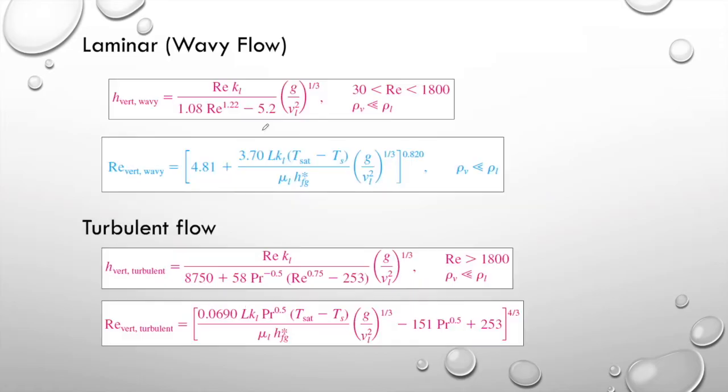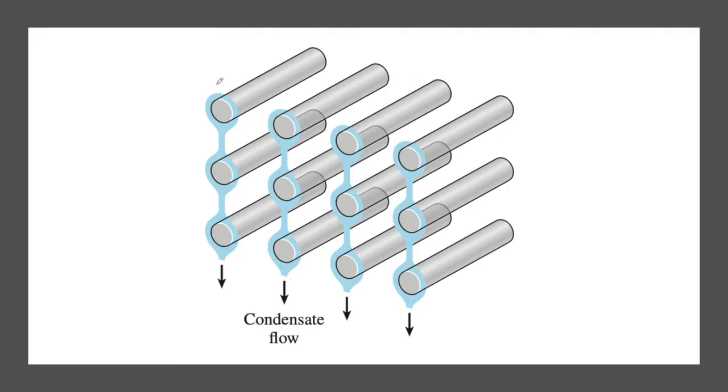So the h horizontal for n tubes is equal to 1 over n to the power of 1 over 4 times h horizontal 1 tube. This n value is the number of tubes in a row.